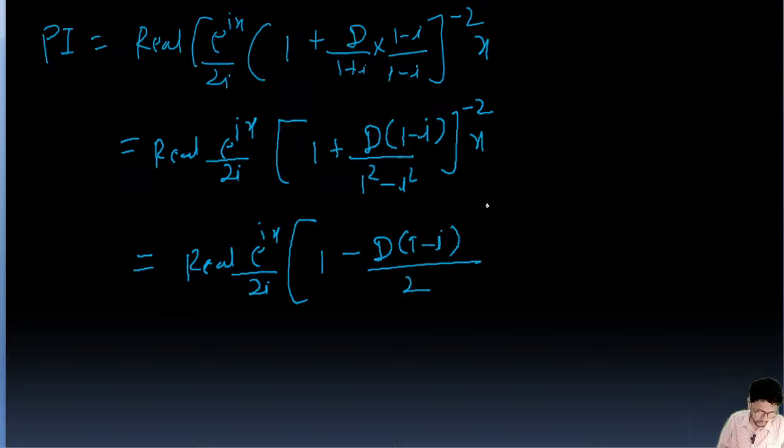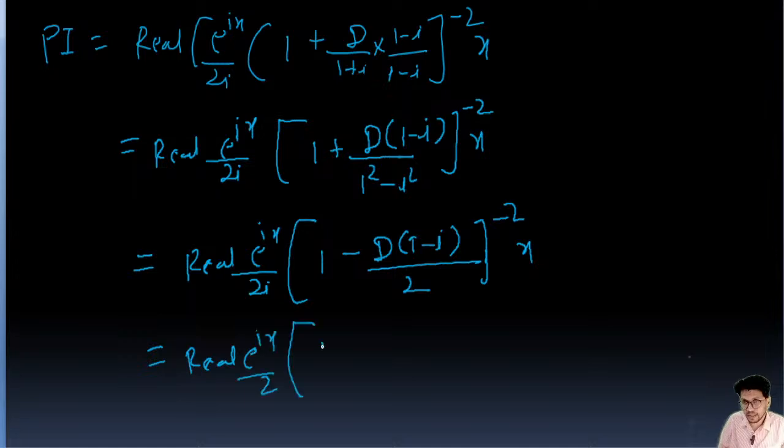And 2 is also there, iota, right? And then the inverse of 2 into x, right? So this is going to be real e to the power iota x by 2, and we'll open it, right? 1 minus nx, this is minus 2 minus minus plus, so 2d into 1 minus iota upon 2, right?